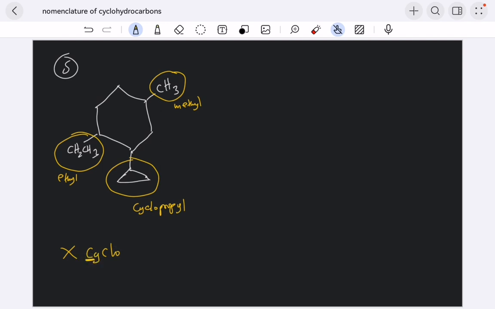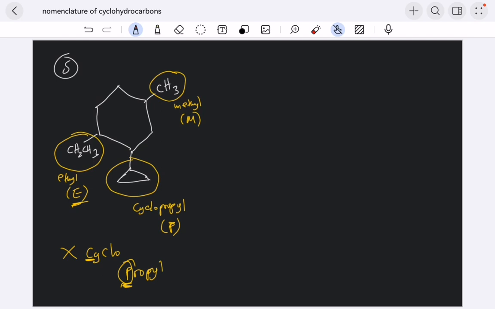So the alphabet will start from propyl, the P. In terms of alphabet, we are looking at M competing with B, competing with E. We'll realize that E comes first. So we'll start counting from where E is.